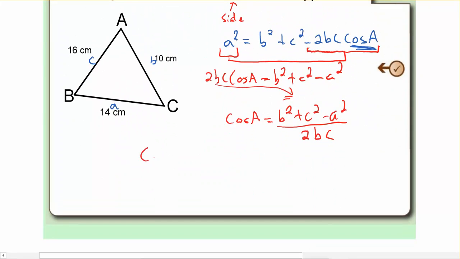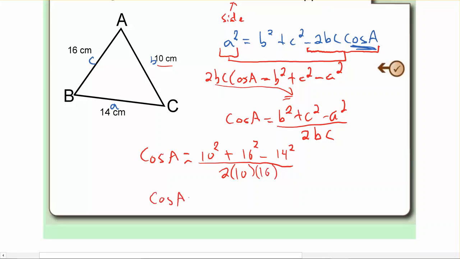So if I finish this, we've got cosine A is equal to b was 10 squared plus c was 16 squared minus a was 14 squared all over 2 times b was 10 times c was 16, and we got cos A is equal to, and now you could write this as a decimal, but I'm just going to keep it as the top part of the equation over the bottom part, which would be 160 over 320.